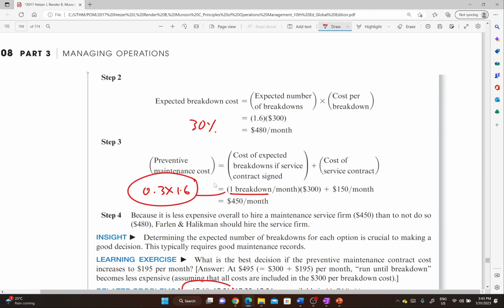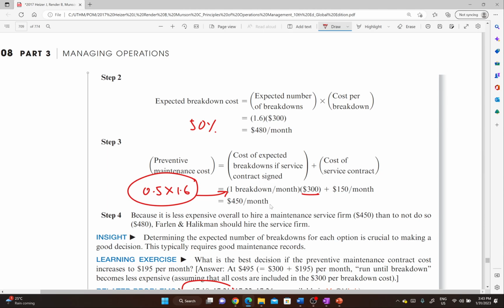Sometimes they give you a percentage reduced or increased, and they won't give you the number, so you have to find the number. If they say reduced by 50%, then you multiply by 0.5, and that is the new breakdown if you take the contract. Then multiply with the cost, and of course you will incur some cost for the service, since you have to pay them to come and work.